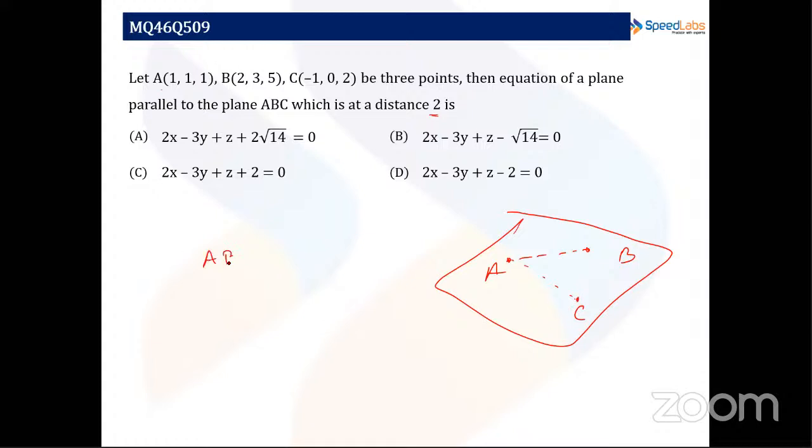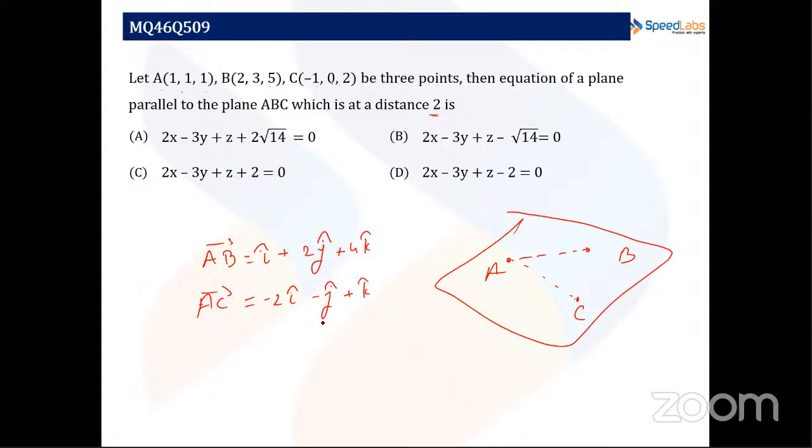So vector AB will be (2 minus 1) I cap, plus (3 minus 1) J cap, plus (5 minus 1), that is 4 K cap. And vector AC we have minus 1 minus of minus 1, that is minus 2 I cap, 0 minus 1 minus J cap, 2 minus 1 plus K cap.